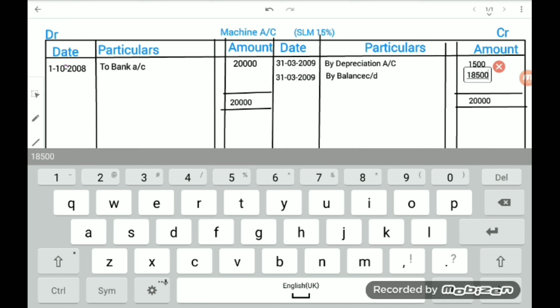In our previous class, I explained how to balance this machine account, how to balance the ledger. You have already studied it in your intermediate first year, and in our previous lecture I explained how to balance the account. So here we have 20,000, here depreciation 1500, and the balancing figure is 18,500.